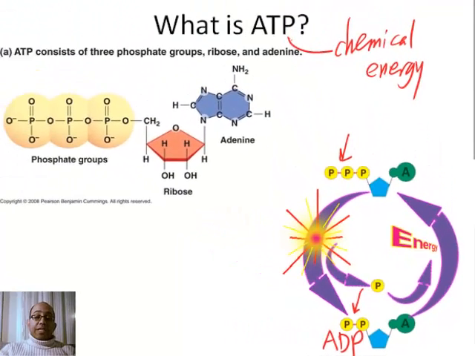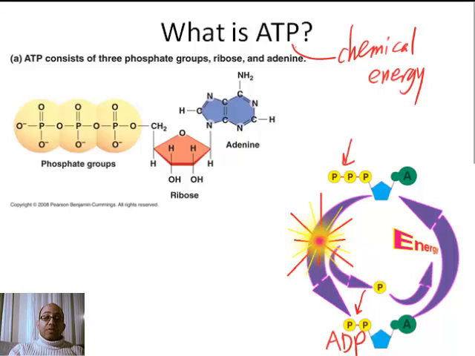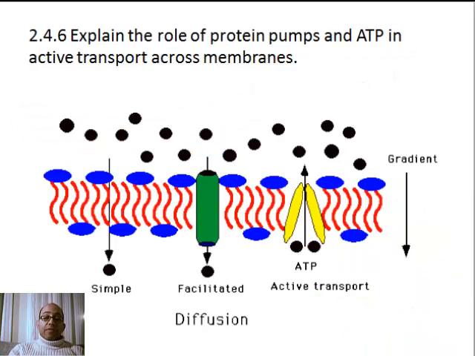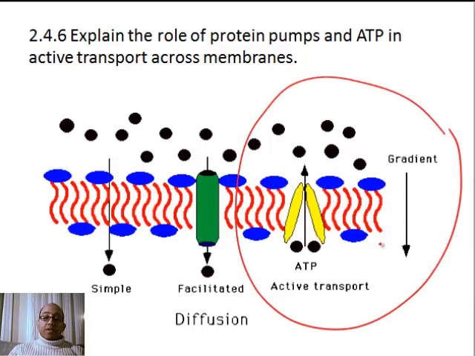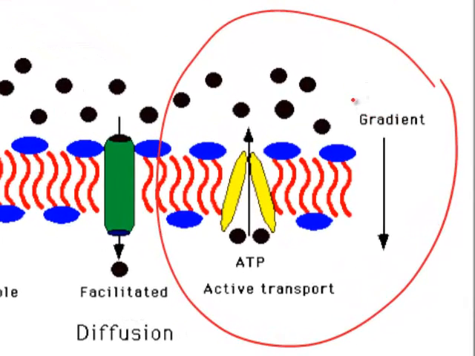Okay, so now ATP is used to drive active transport, which is this part over here. So notice that if the gradient, meaning the slope of particles going from high to low concentration, is going from the top of the picture to the bottom of the picture here, well, to get the molecules going the other way, you have to add energy.